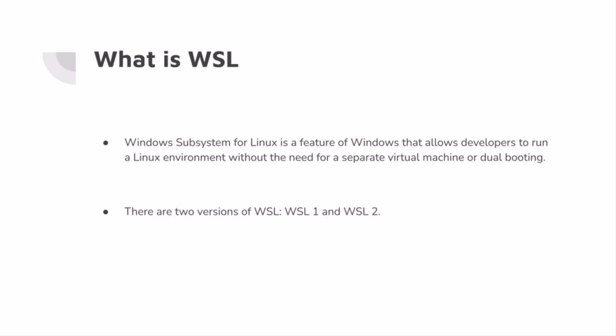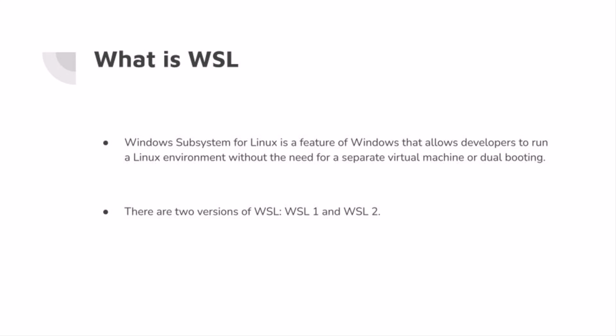There are two versions, WSL1 and WSL2. WSL1 is the older method. It was basically experimental. In WSL1, you only have access to the terminal of the Linux kernel, and you couldn't use GUI apps. For example, you couldn't have QGroundControl on Linux because it was only the command line.